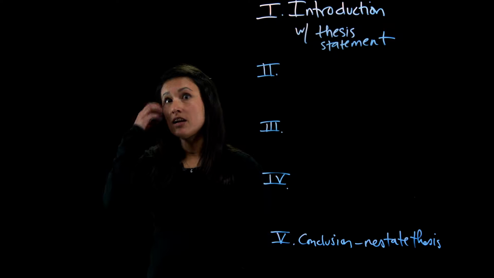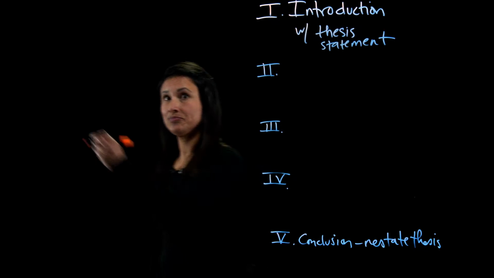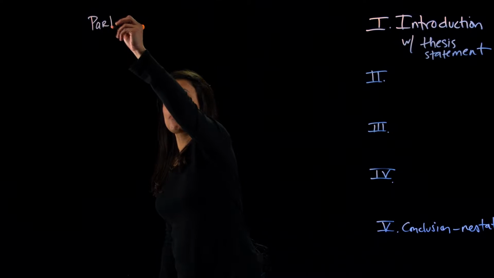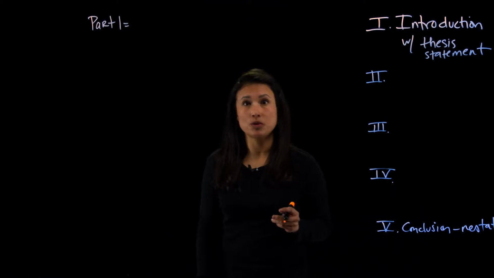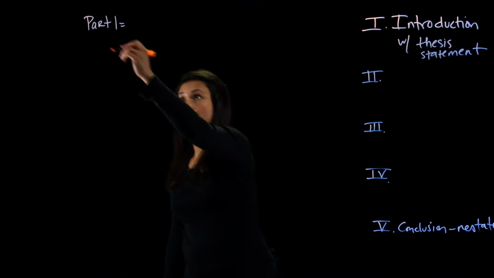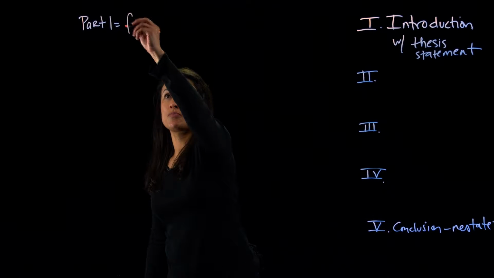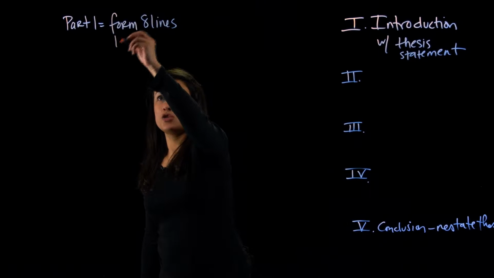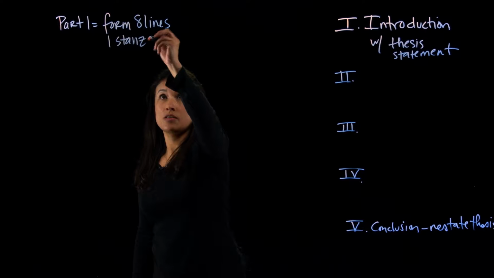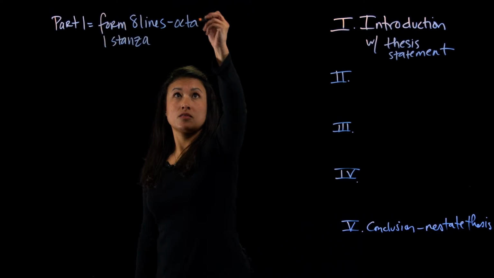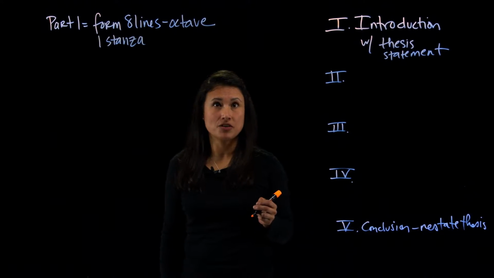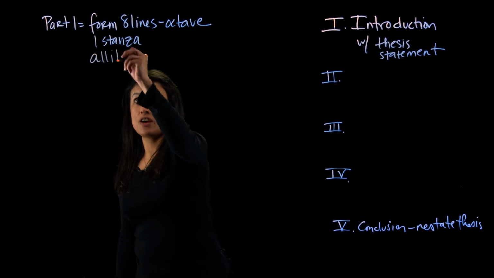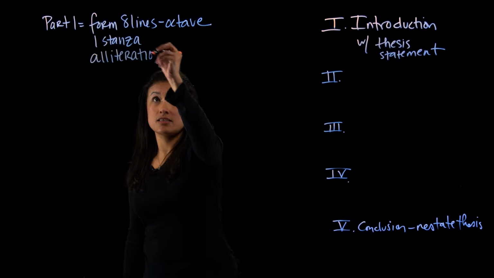Let's go over the list of what you know from part 1. In part 1, we found a lot of things, right? We found the form of the poem, that it's 8 lines. It's 1 stanza. What else did we discover? We found a lot of alliteration, and we found both assonance and consonance.